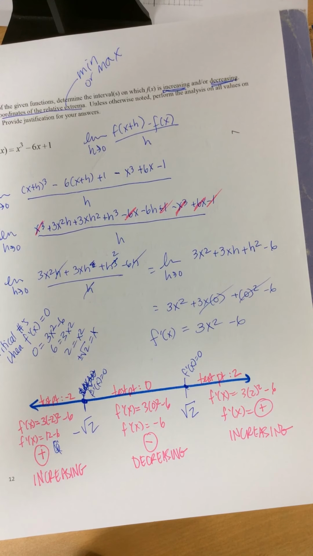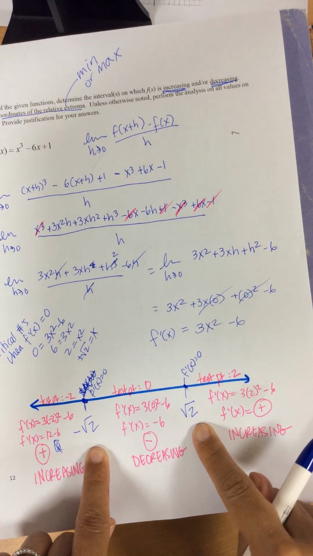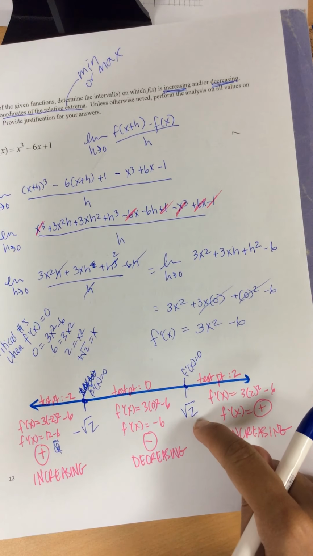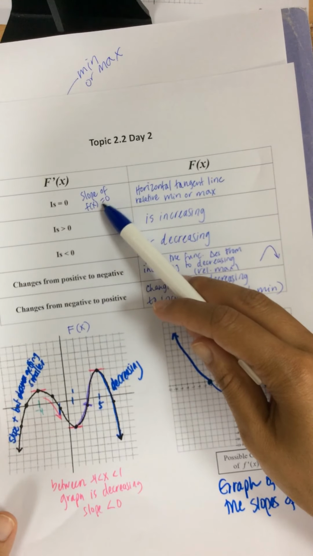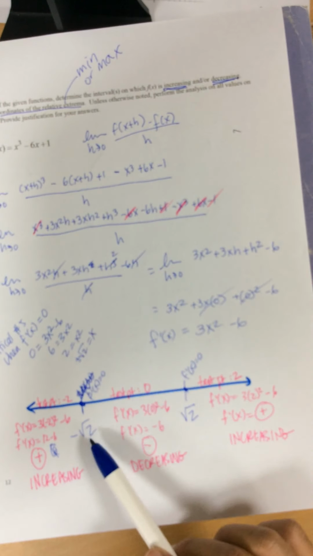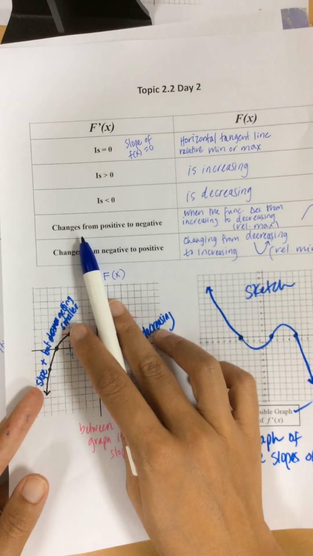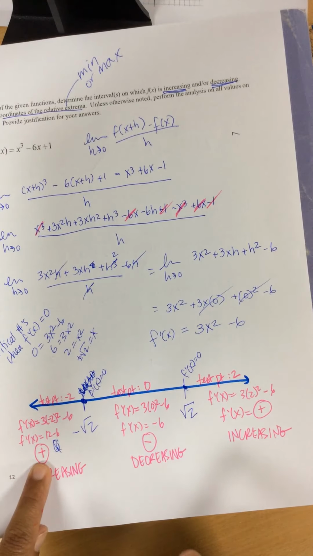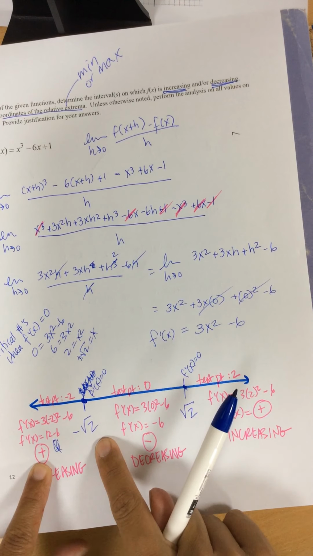For each, we need to first find relative extrema. So we know that these critical numbers are possible candidates for relative extrema. They might be mins or maxes. How do we know if they're mins or maxes? Well, it has to have the slope equal to 0, the derivative equal to 0. Check, that's true. Is there one of them where the slope changes from positive to negative? Yeah, the slope changes from positive to negative at negative root 2.